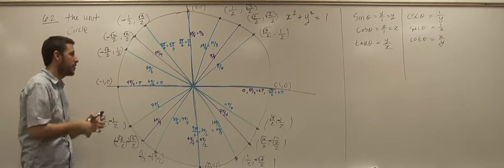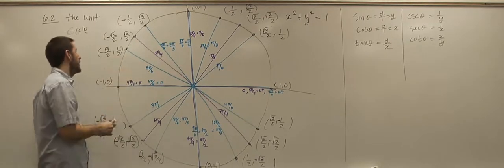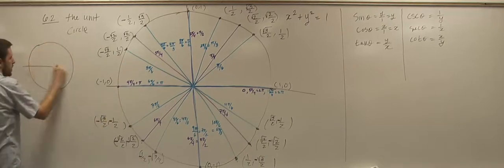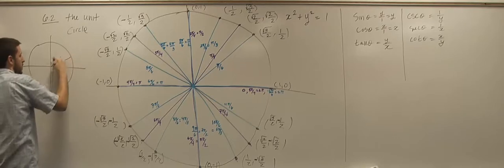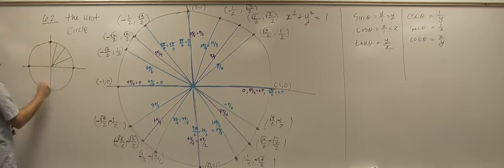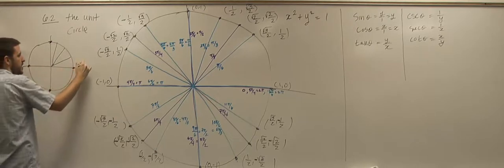But what I do if I need to find sine and cosine is I simply draw a little schematic like this, where I label these axes because that tells me a lot of information and it's really easy to do.